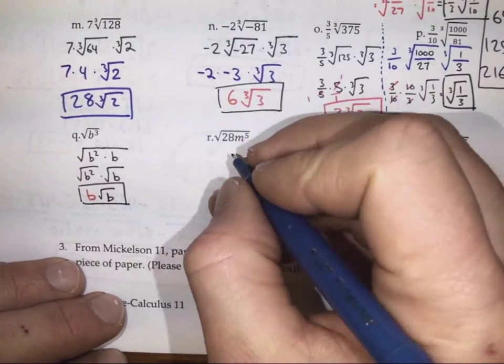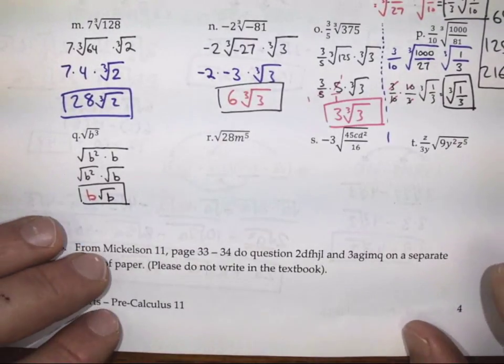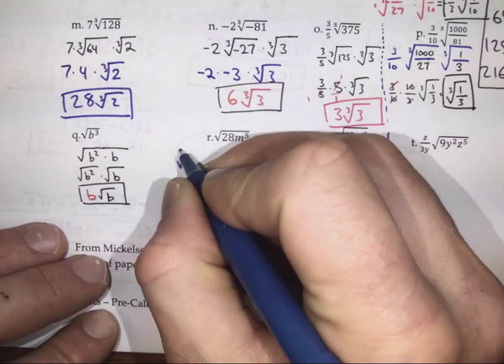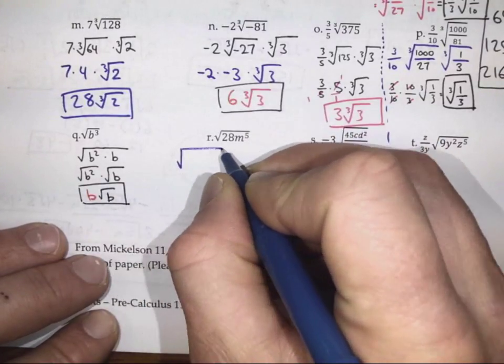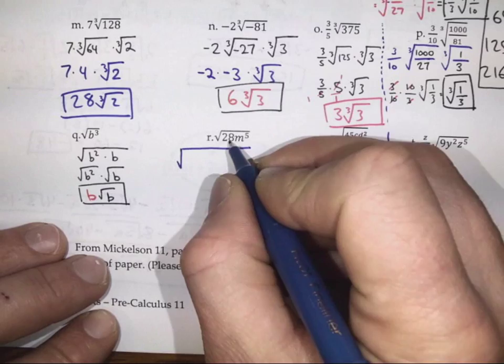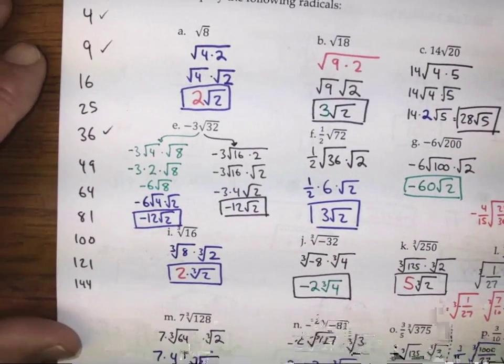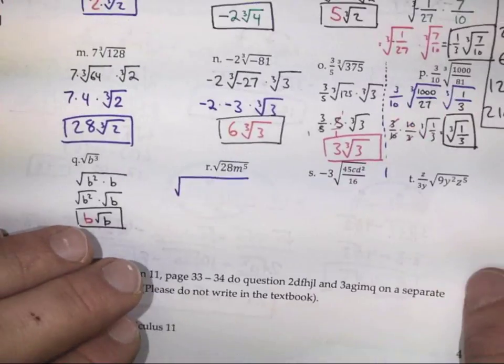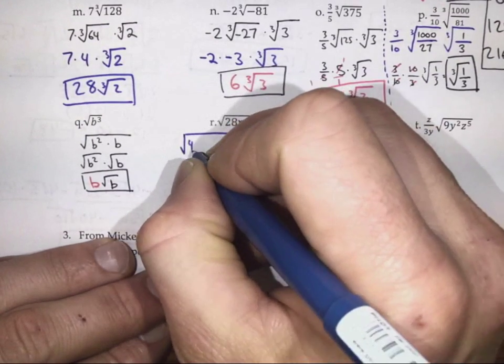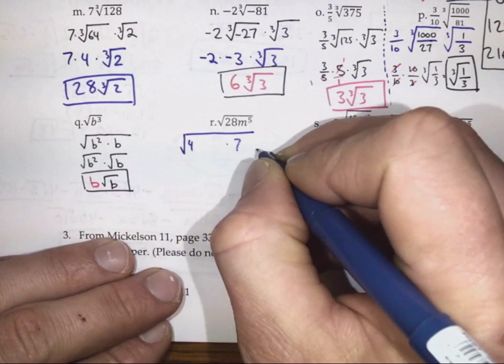Okay, now we've got a square root of, so we got the variable and we got the coefficient. So I'm going to say 28. Let's take a look at my perfect squares. And I can see 4 goes into 28 7 times, so I can call it 4 and 7.